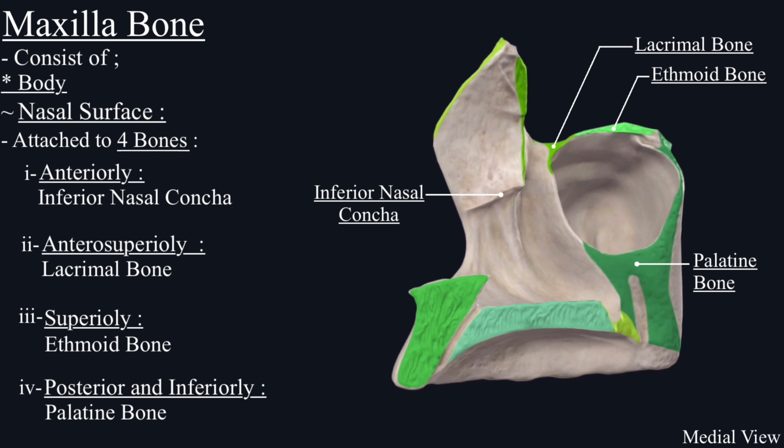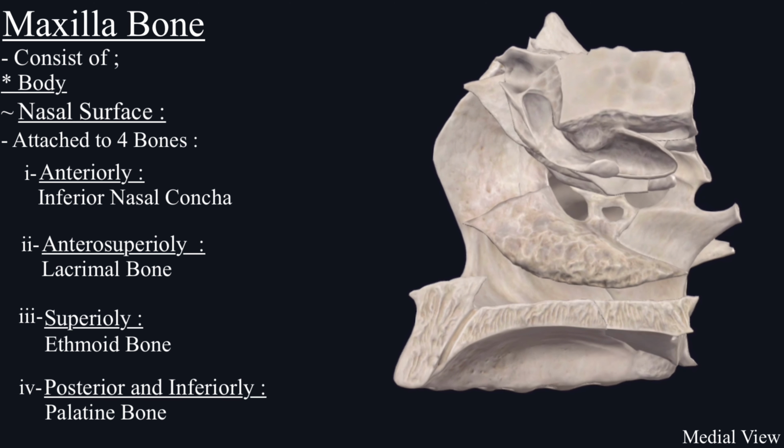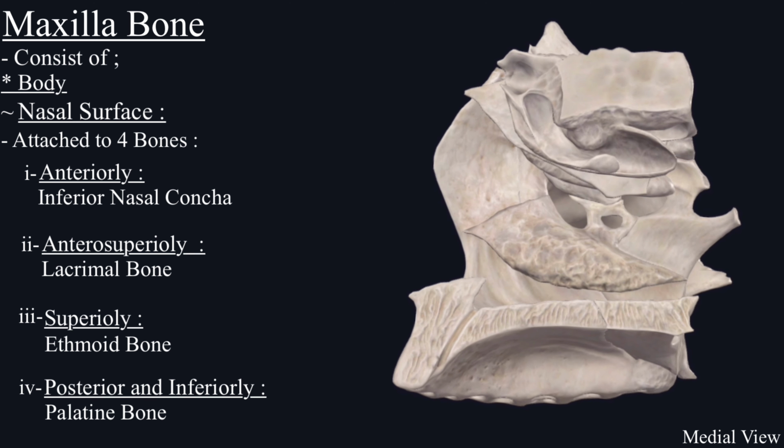In isolated maxilla bone, the hiatus for maxillary air sinus is quite large. But when these four bones are joined with maxilla, the hiatus is significantly obliterated, as you can appreciate in this model.